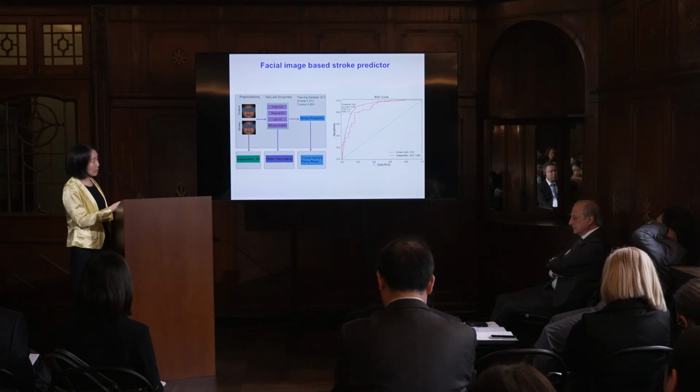And surprisingly, by just looking at the face, we can already achieve an AUC of 0.91 for our cross-validation. And even in a totally independent cohort, the AUC is 0.86, I think.